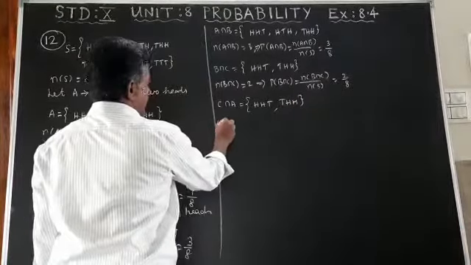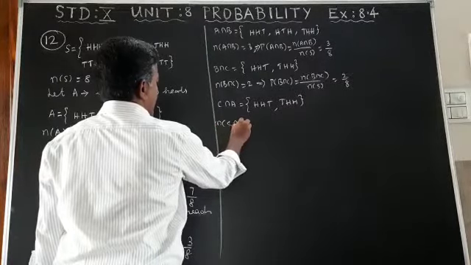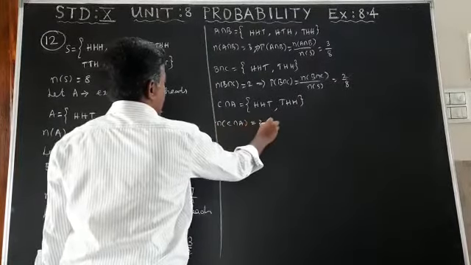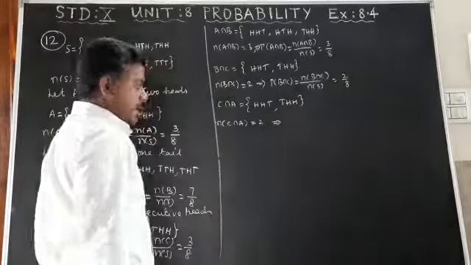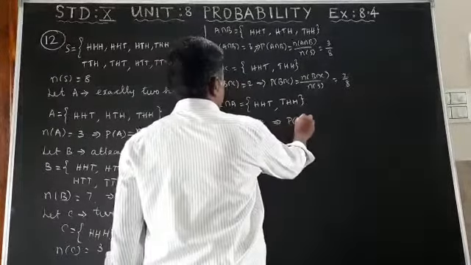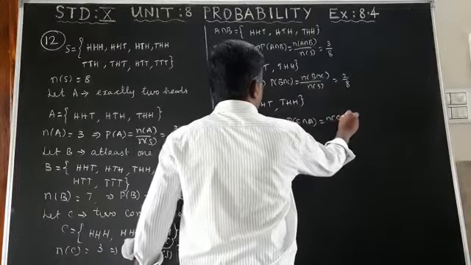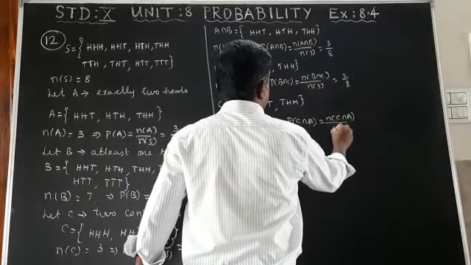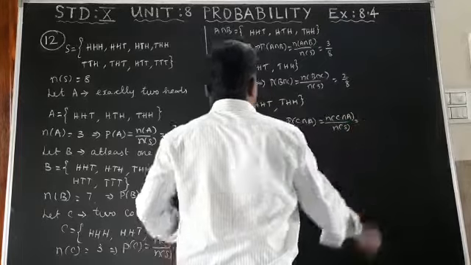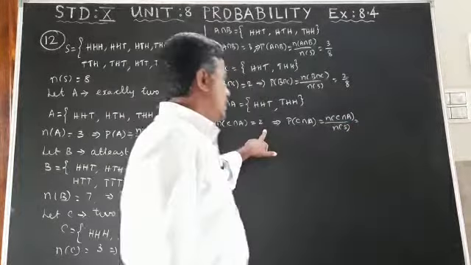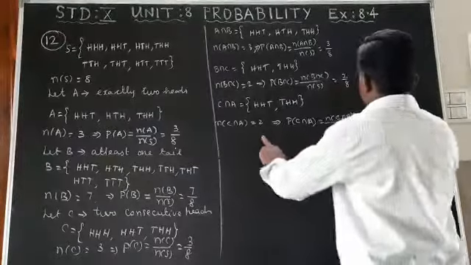Then n of C intersection A is equal to 2. Then P of C intersection A is equal to n of C intersection A by n of S, 2 by 8.